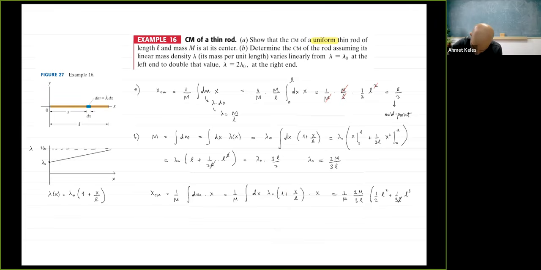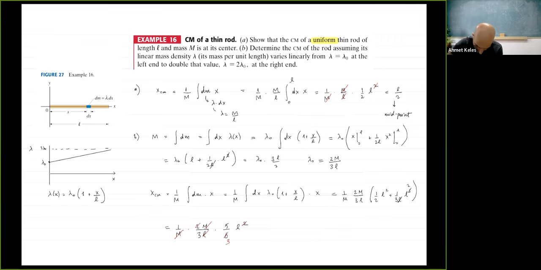So cancel that with this. This is L squared. So this is going to be equal to 1 over m times 2m over 3L times 1 over 2 plus 1 over 3, which is 5 over 6 L squared. So cancel m with m, L with L, and so on.